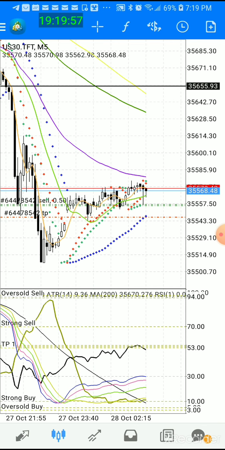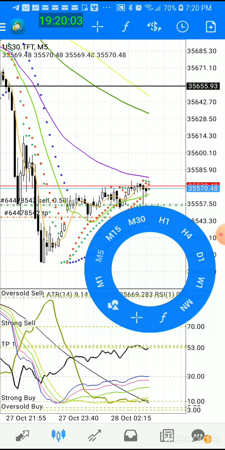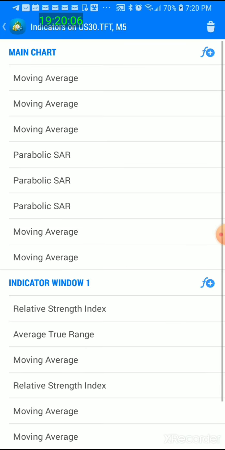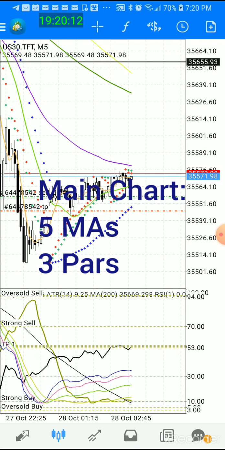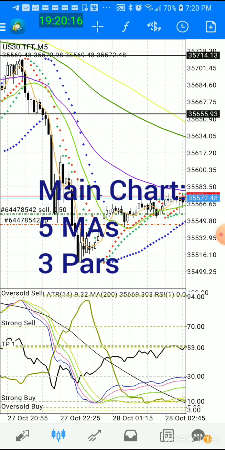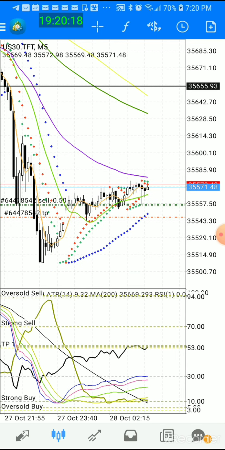So with all of that said, hopefully by the time I show you the chart setup, we'll end up in profit. Now I have moving averages on my chart, obviously. I have parabolic SARs on my main chart, and that's all that I have up there.